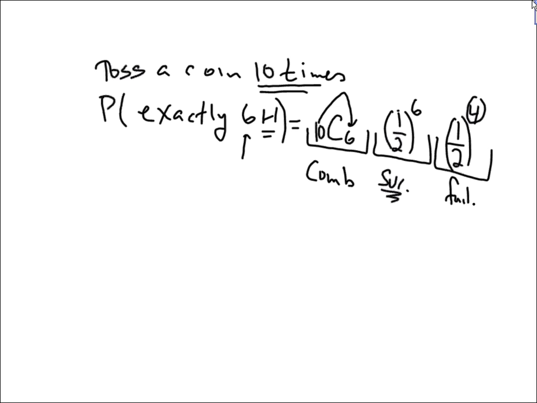And that's the answer. Now, sometimes you may say, come on, this doesn't have 2 outcomes. It has many outcomes. How could it be binomial? Okay, well, let's see. Roll a die 11 times.